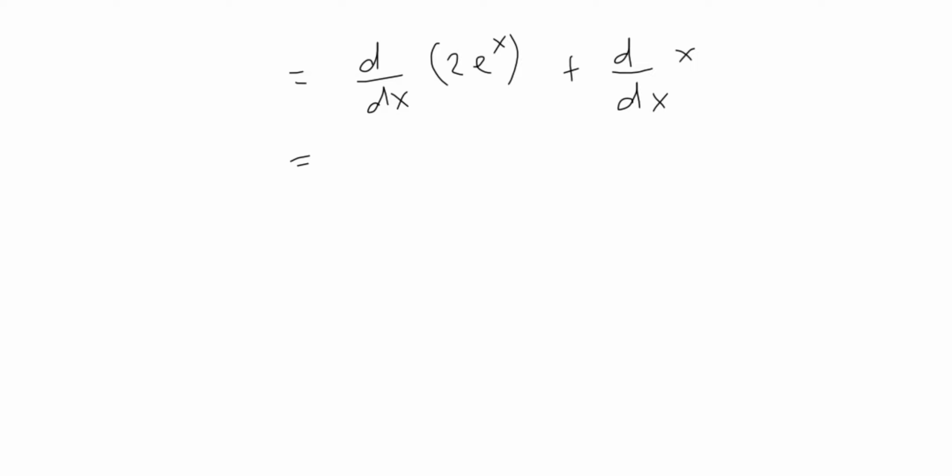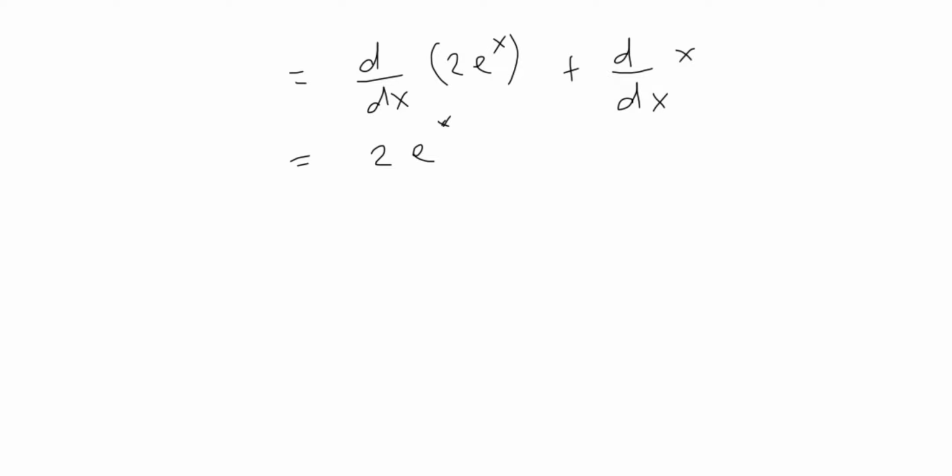The first term is going to give us 2, because 2 is a constant, so we take it out of the derivative, and we are left with the derivative of e to the x, which is e to the x. Remember, the derivative of the natural exponential function e to the x is e to the x. That's why we end up with e to the x here.